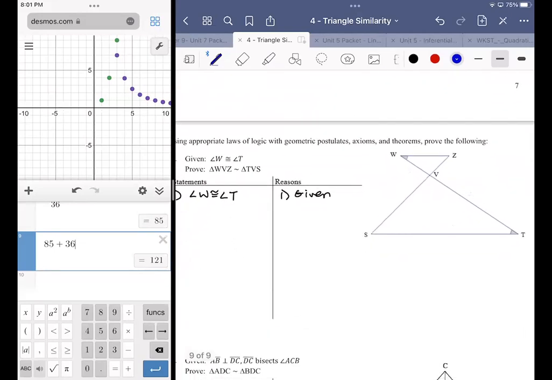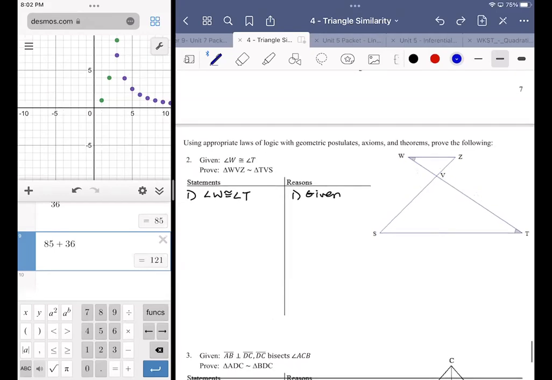Looking at V, you might remember this concept of vertical angles. When two lines intersect, they create vertical angles. So we have vertical angles from ZV to W and SV to T, and those vertical angles are congruent to one another.